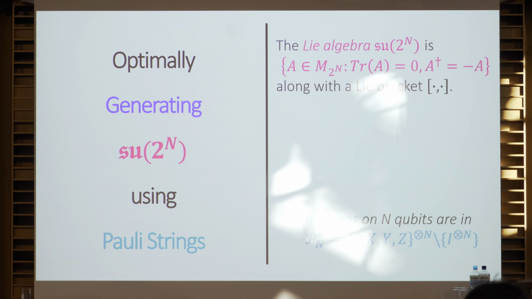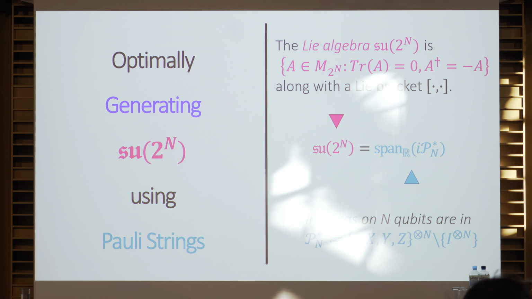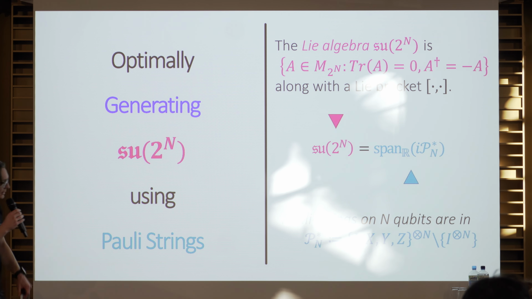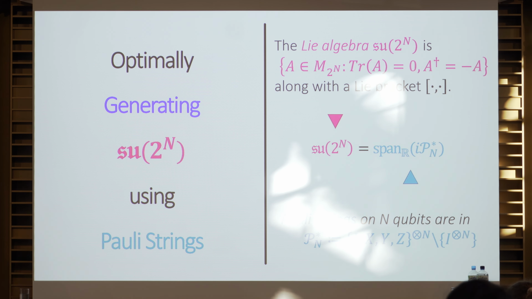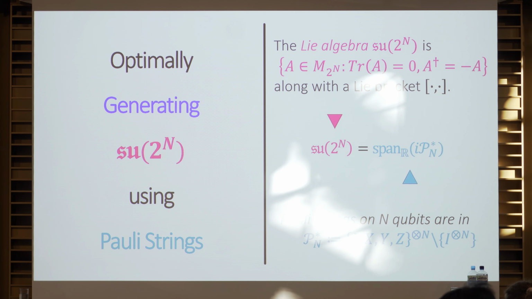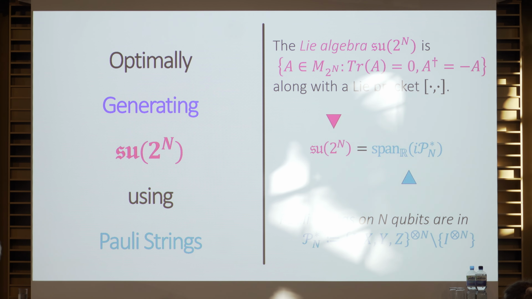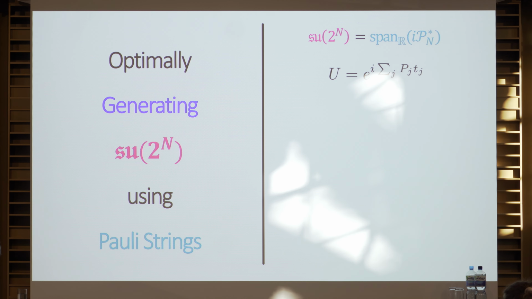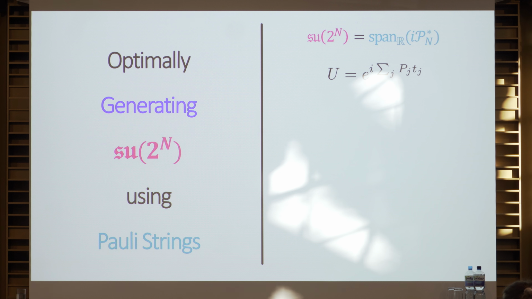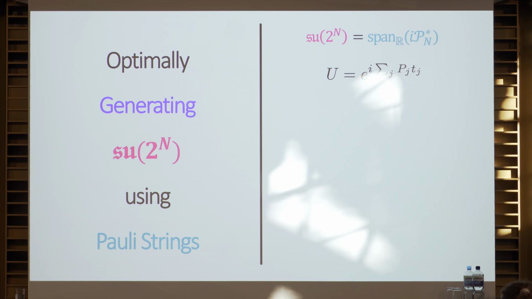I'm not just putting this there for nothing, because this group of Pauli strings is actually a basis of this specific algebra. Okay, so great. If we take this, then we also know that any unitary, so any element of the Lie group, can be represented in this way, since it is a basis.